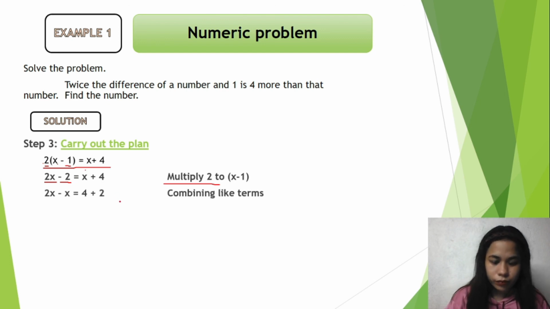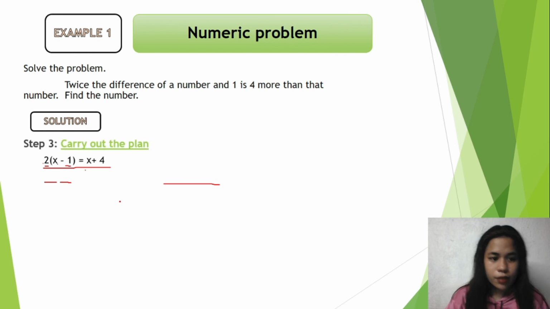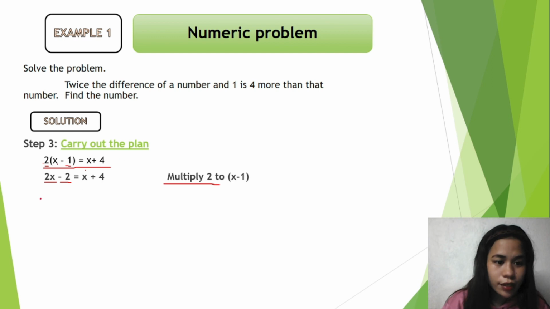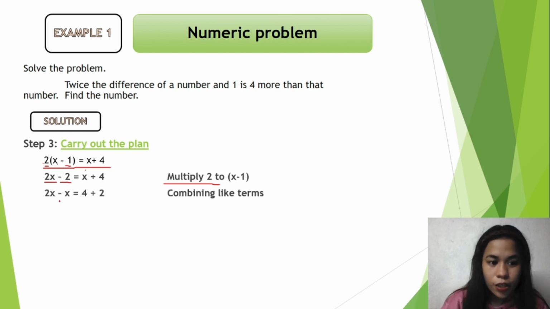Next is 2x minus 2 is equal to x plus 4. So, combining like terms na yung next step natin. So, ito na x, transpose natin siya dito, kaya naging negative x. And this negative 2, we transpose this to the right.